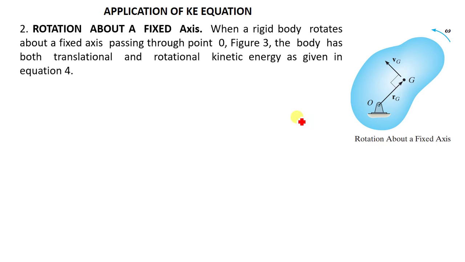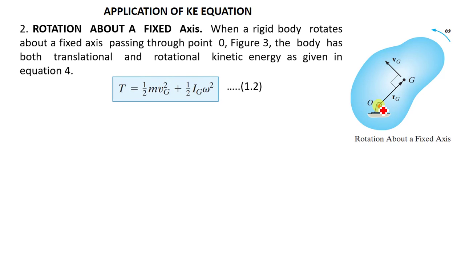In other words, the equation can be applied to a mass rotating about a fixed point O. When it's rotating, we have both translational and rotational kinetic energy, meaning the whole formula is used and none of the terms will be zero.